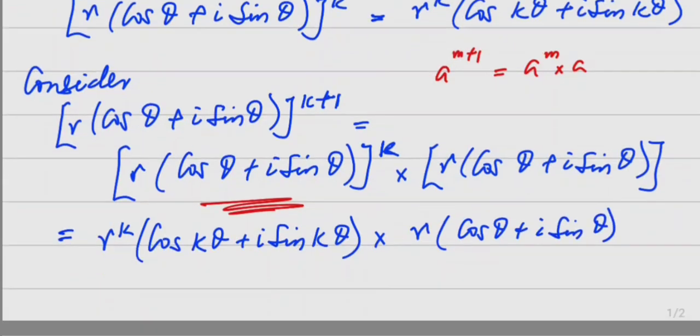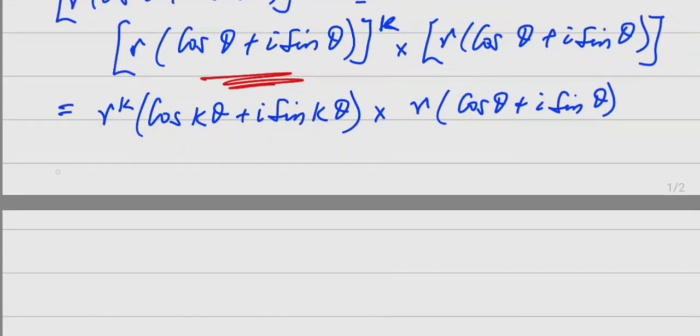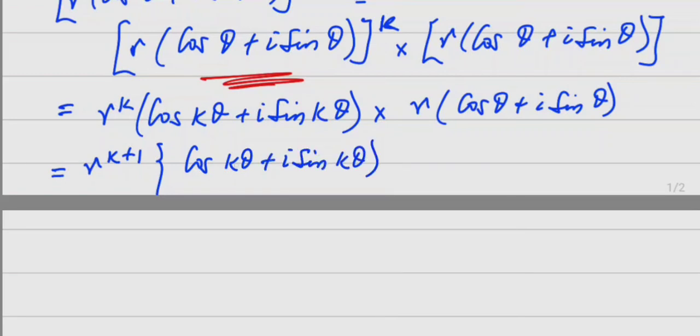Now if you look at this one, our r and r to the k here will be r raised to power k plus 1, then into (cos k theta plus i sin k theta) into (cos theta plus i sin theta). So that's what you have.